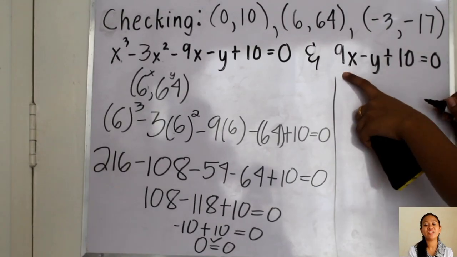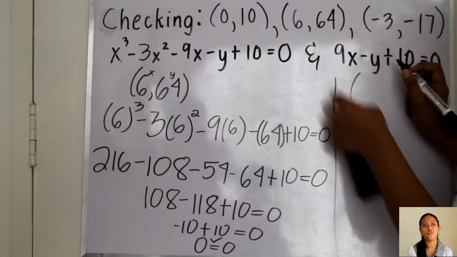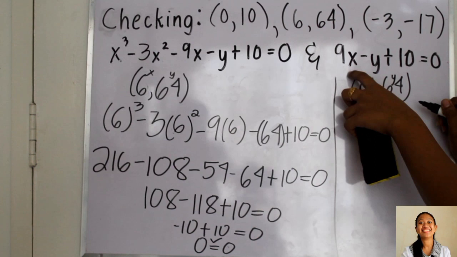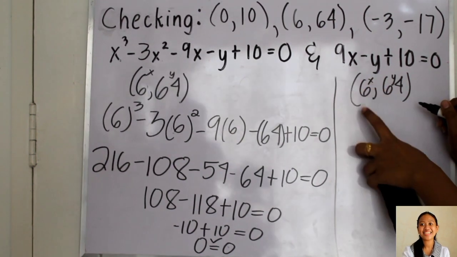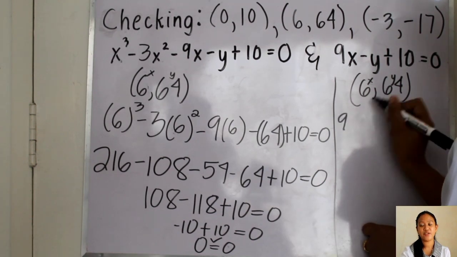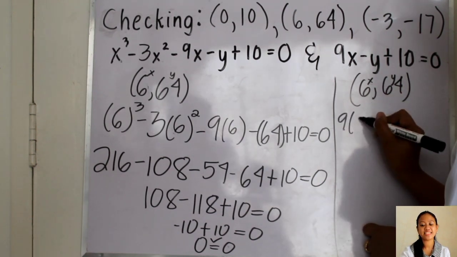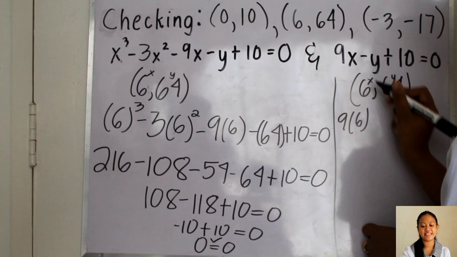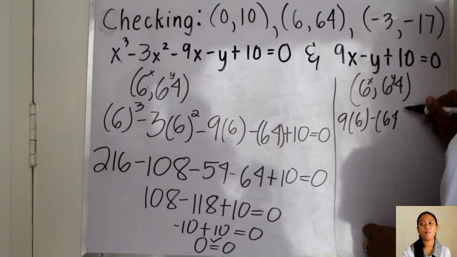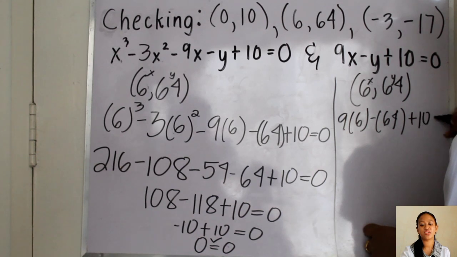Now, we're going to check the solution set of 6 and 64 in the second equation. We replace the x with 6 and the y with 64. So copy 9, replace the x with 6, copy this negative sign. So our y is 64, plus 10 equal to 0.